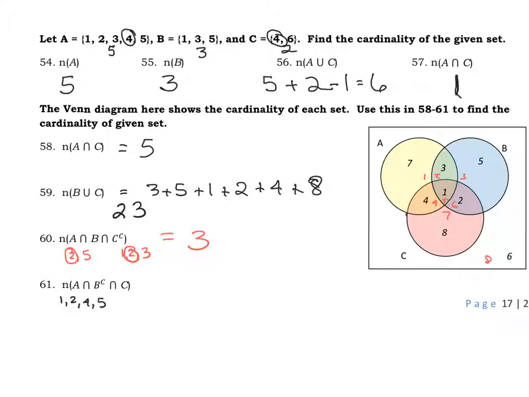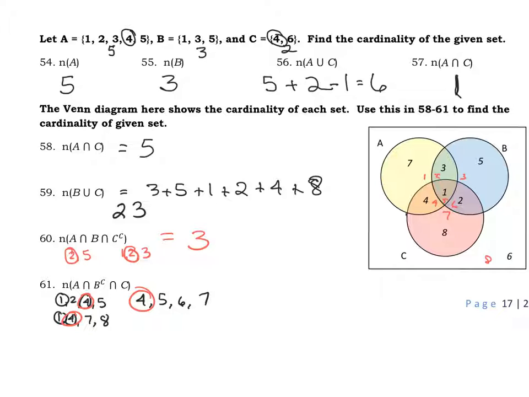I want the intersection of that and the complement of B, which is 1, 4, 7, and 8. So the only regions that they have in common are 1 and 4. So then I want to intersect that with C, which has 4, 5, 6, and 7 regions. So again, it looks like the only thing they have in common here is region 4.